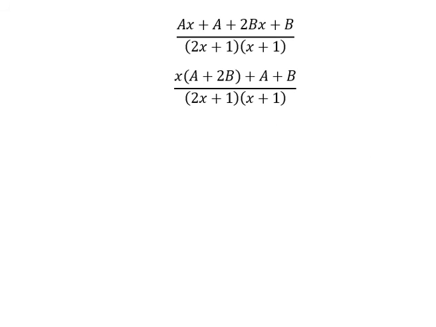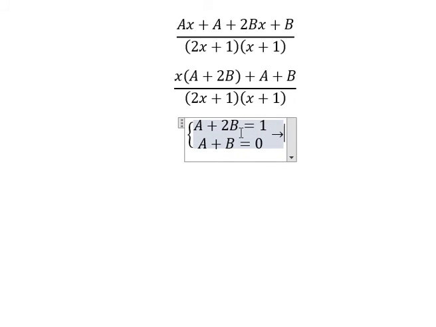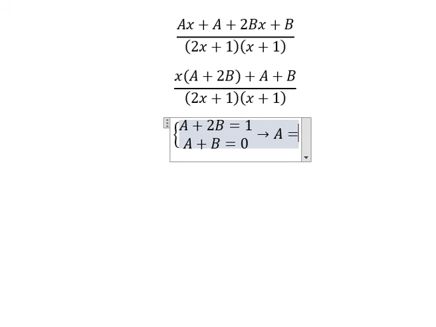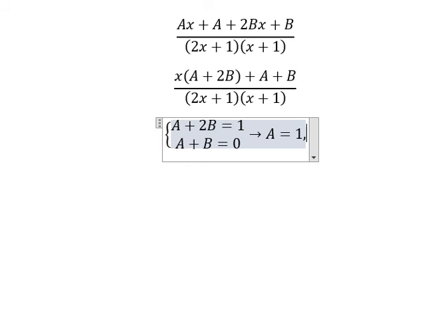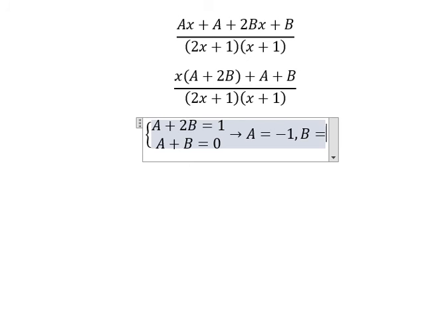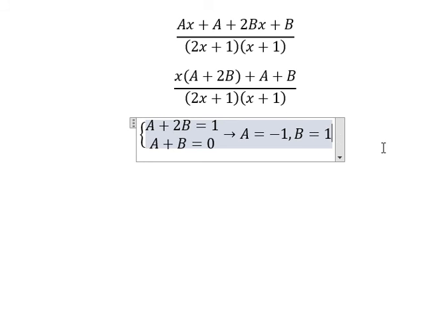So we have the system of equations. So we need to find the solution of A and B. And we have A equals negative 1, B equals 1.